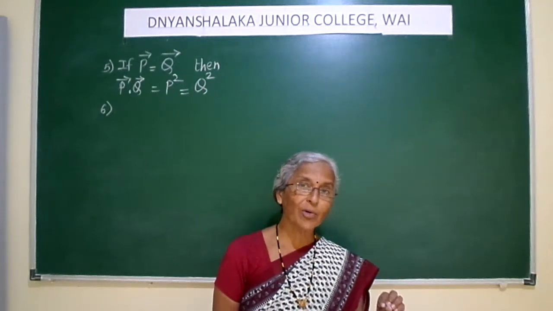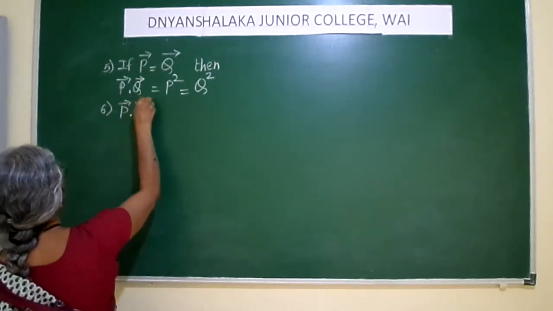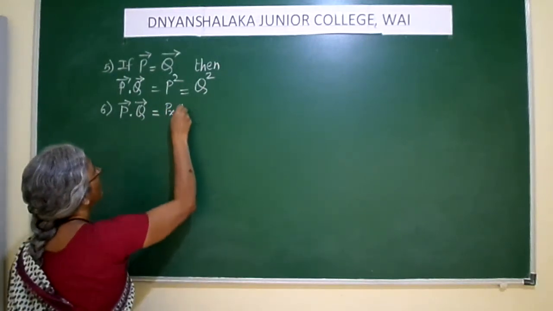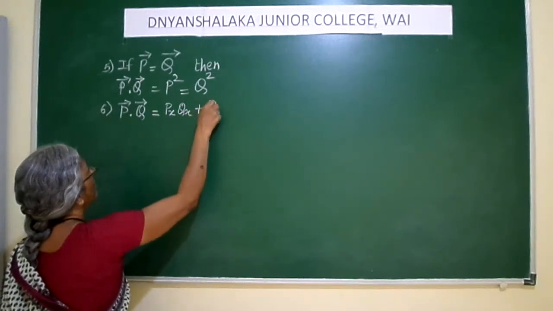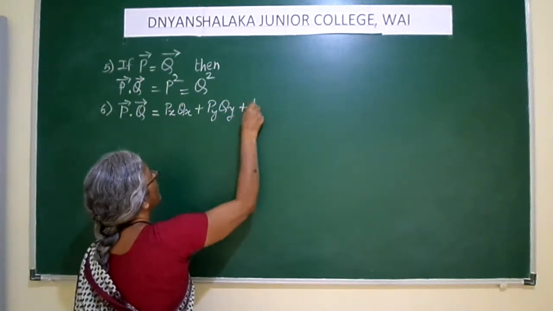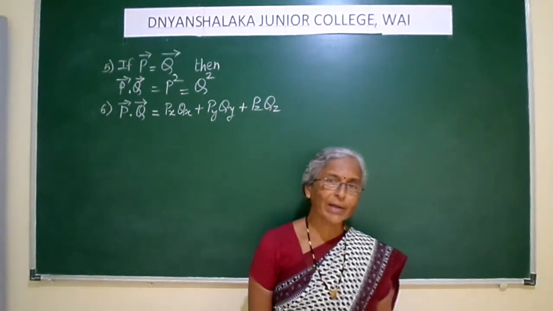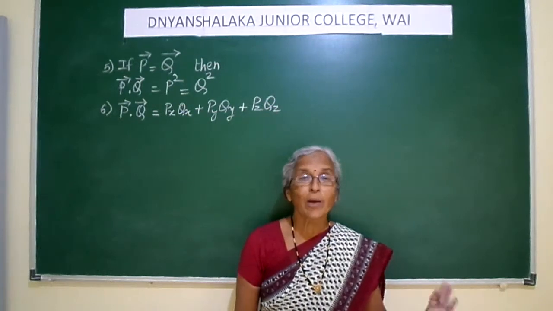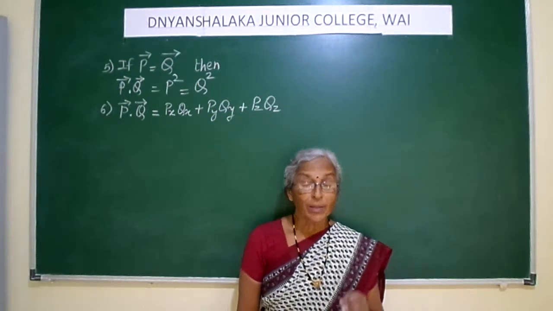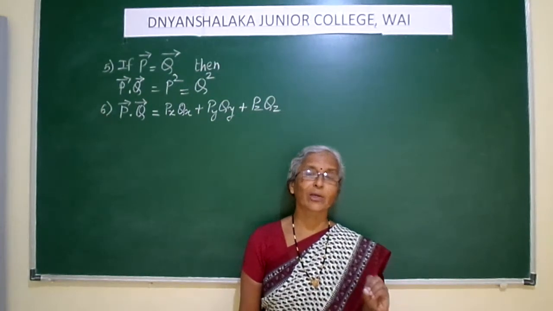Now here, what we are going to prove is vector p dot vector q is equal to pxqx plus pyqy plus pzqz. Now what are px, py, pz and qx, qy, qz?